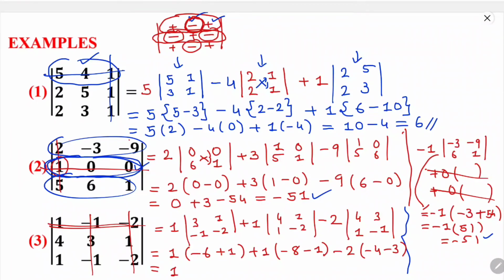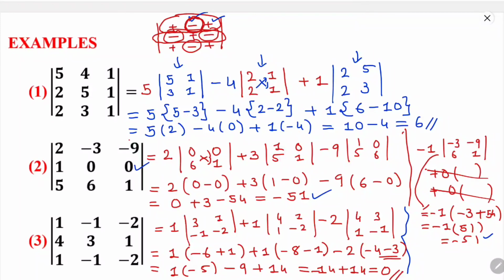So minus 6 plus 1 is minus 5, minus 8 minus 1 is minus 9, minus 4 minus 3 is minus 7 into minus 2, so plus 14. So minus 5 minus 9 which is minus 14 plus 14 which is equal to 0. So this is our final answer.